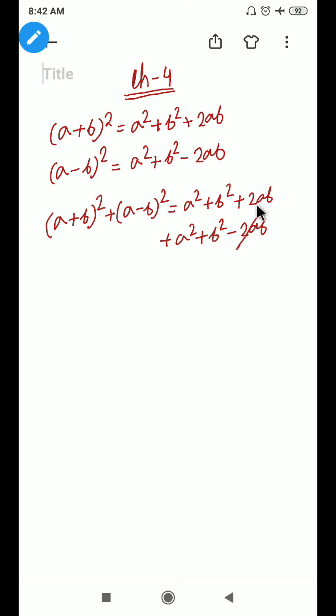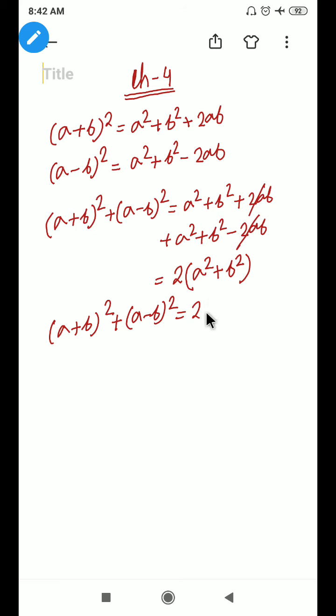So 2ab will be deducted, and what you will get? 2 times a square and 2 times b square. If you take 2 common, then what is left? a square plus b square. So the formula for (a plus b) whole square plus (a minus b) whole square is 2 into (a square plus b square).